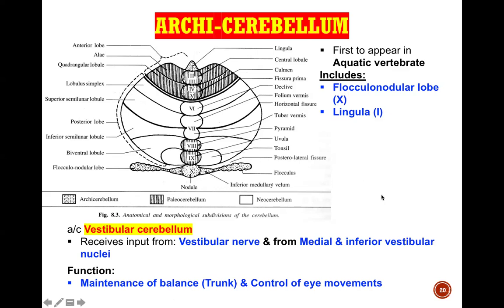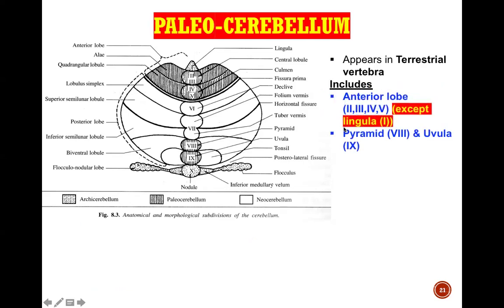It is responsible for maintaining balance, especially of the trunk, as well as controlling eye movement. These are the two things controlled by the archicerebellum.